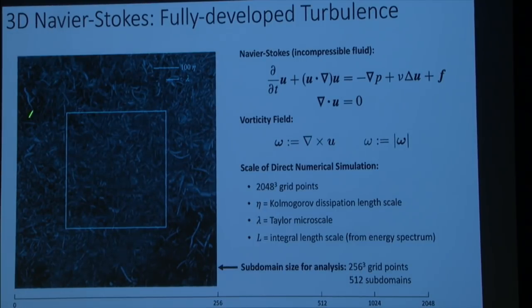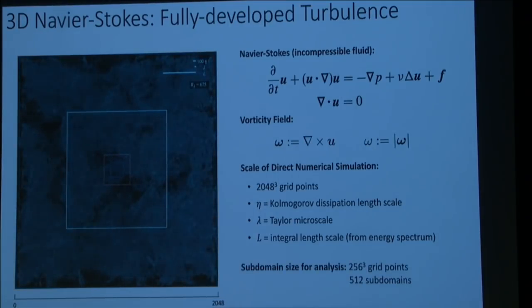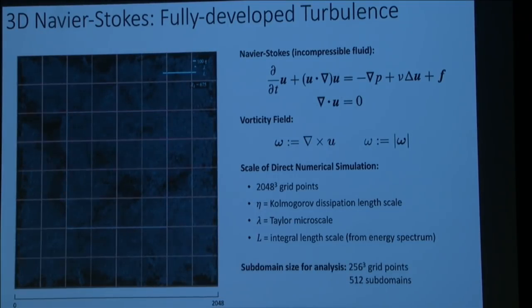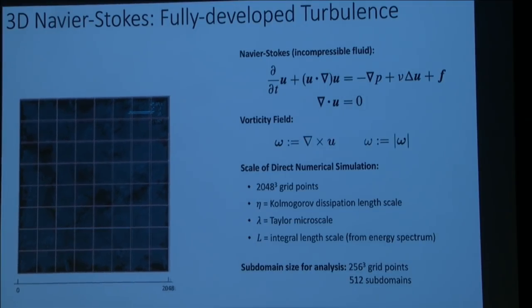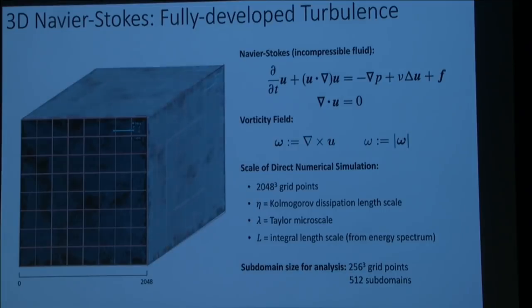What we're doing is taking a piece of that original data set and considering this our information. And so we started with one gigantic grid. We now have 512 subdomains. So just to really make this apparent, we're chopping our grid, which is really a three-dimensional cube.